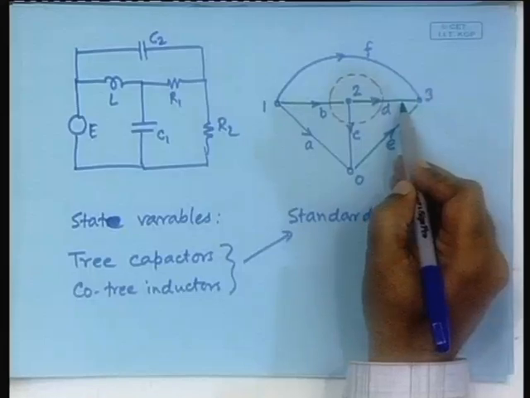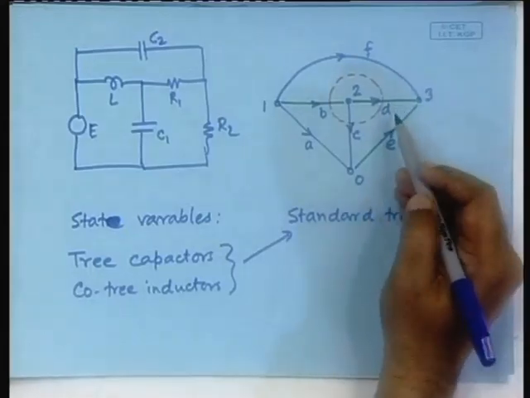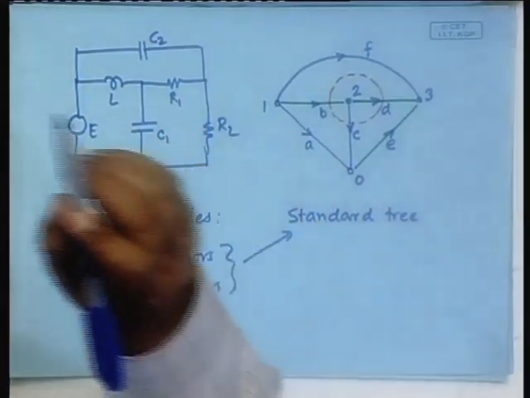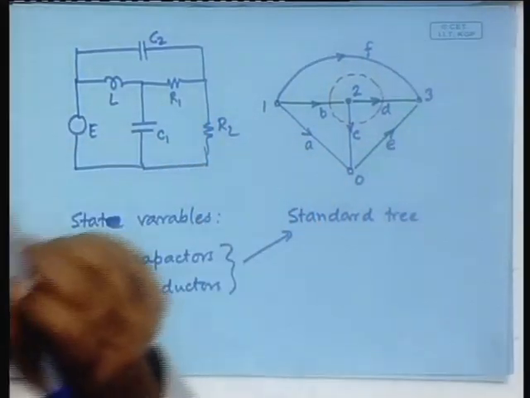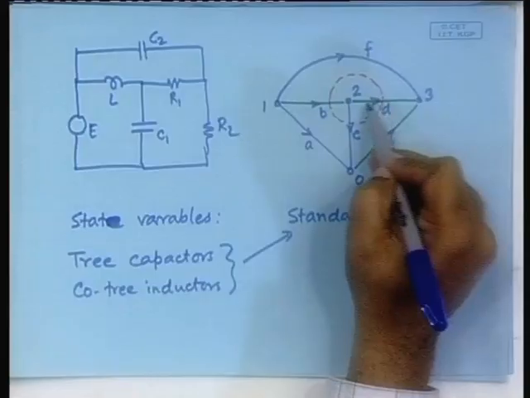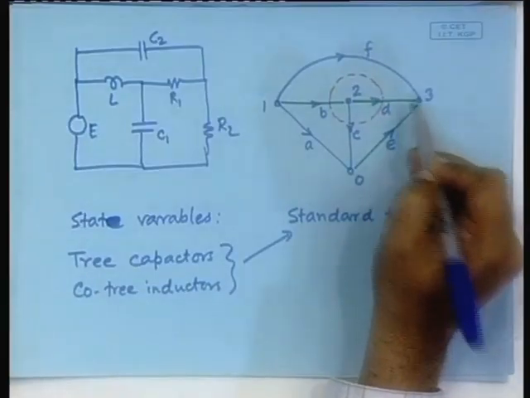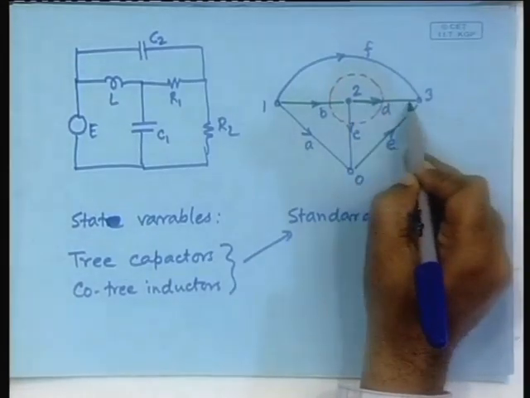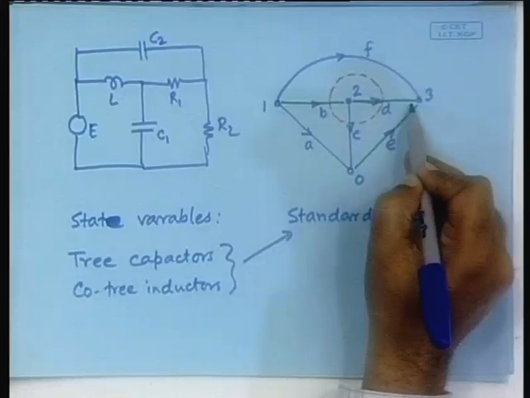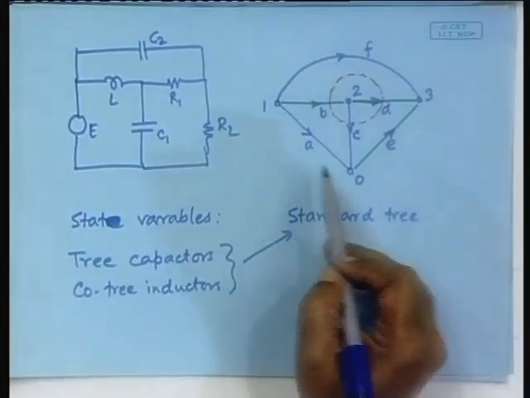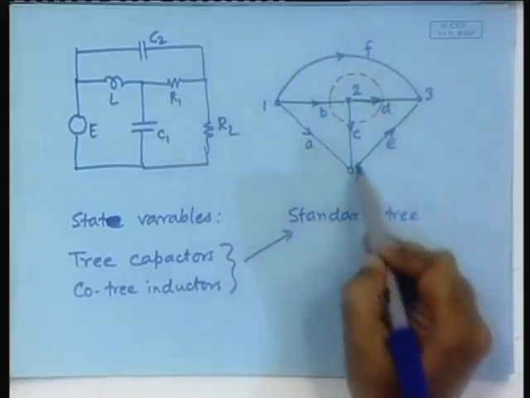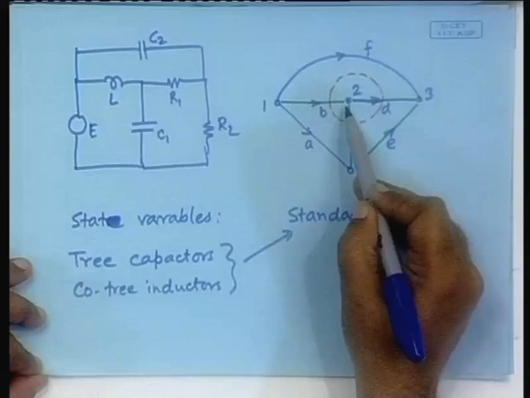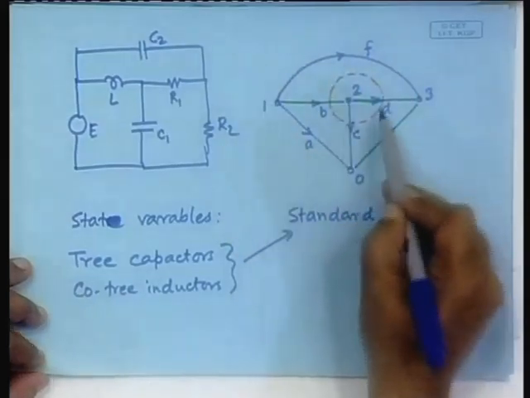VD, where do we get it from? VD should be obtained from a loop. Okay. Cut sets yield the currents, and this will be obtained from the basic loop that contains this branch. So, what is the basic loop that contains this branch? Yes, this. So, write down the KVL equation in this loop.